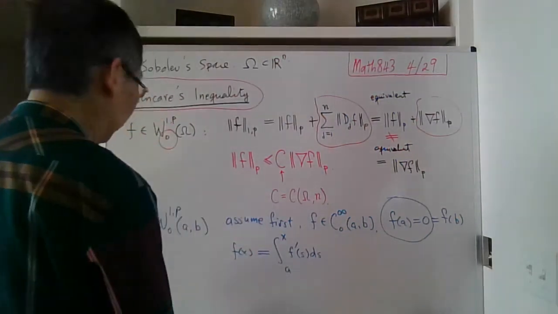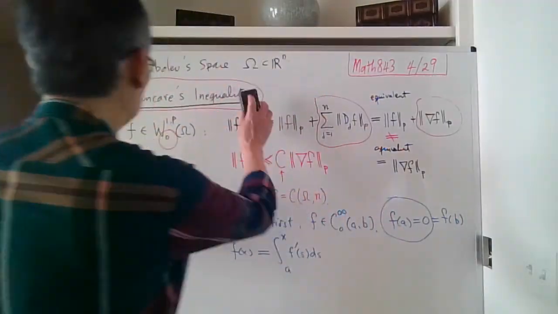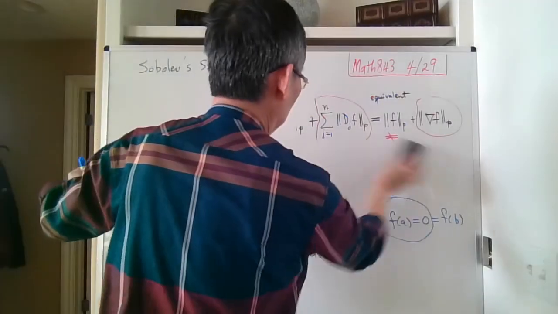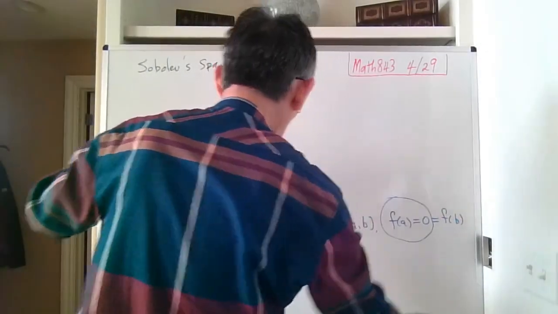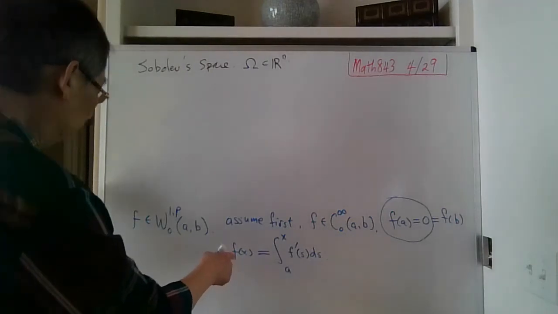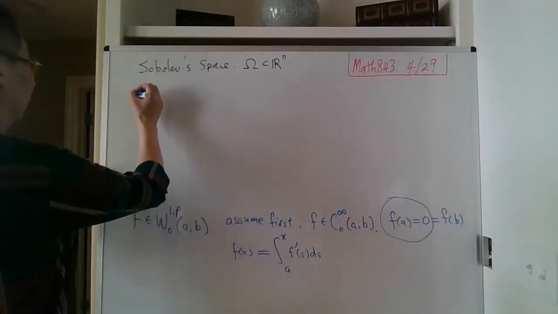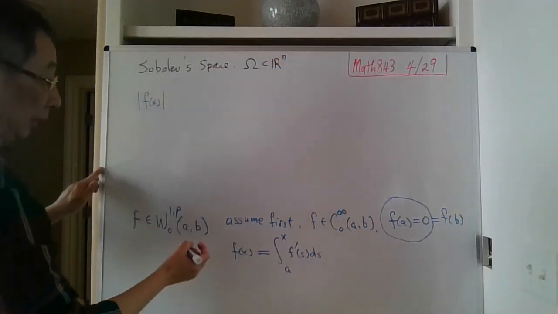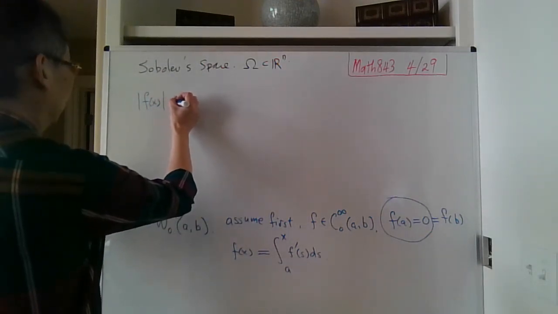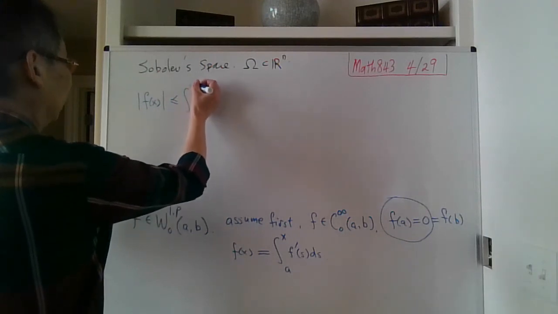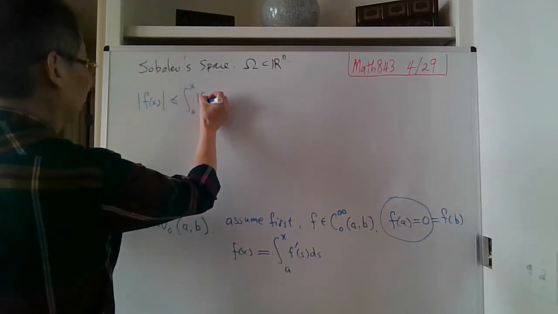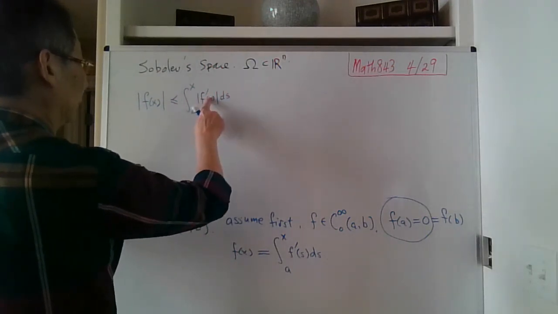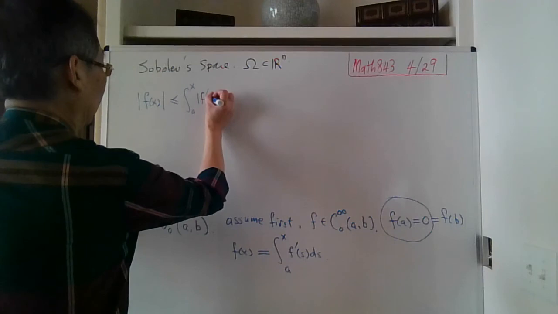So from this expression, I can do some estimates. I'm going to take the absolute value of this. So |f(x)| is less than or equal to the integral from a to x of |f'(s)| ds.